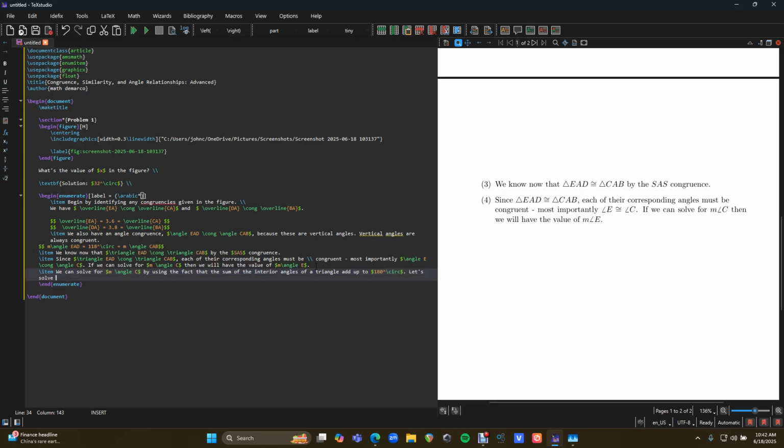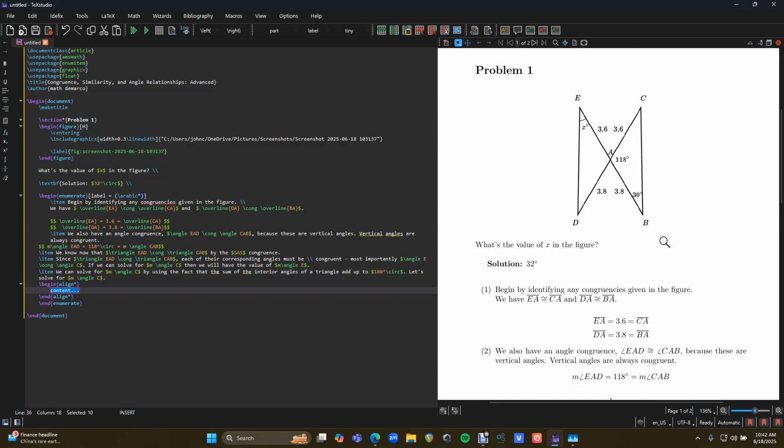Let's solve for C. Just go ahead and do this. We'll begin an alignment here, and we'll start with the fact that the sum of the angles C, A, and B should be 180.